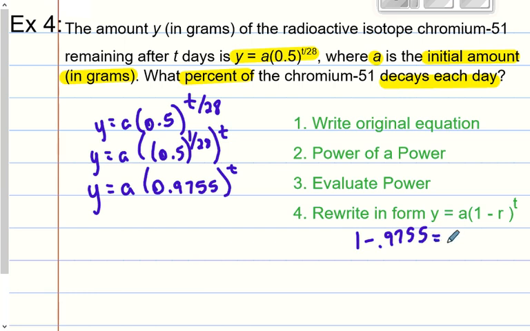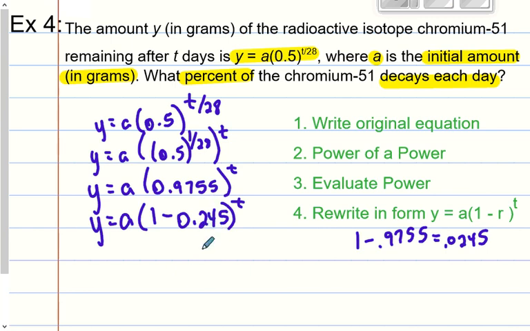That is going to give us, real quick, 1 minus 0.9755 is going to give us 0.0245. So that's what we're using in our formula. Y equals A times 1 minus 0.0245 to the t. So subtract that original so you can write it in the correct format of 1 minus 0.0245.